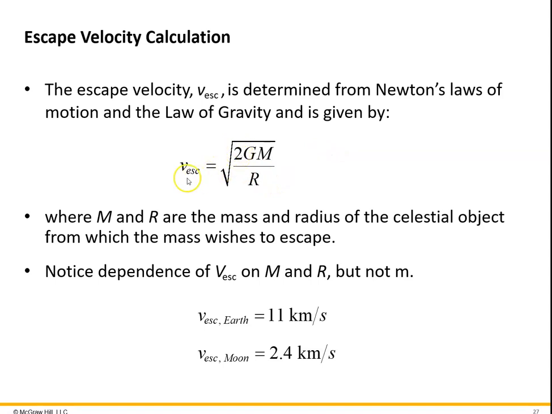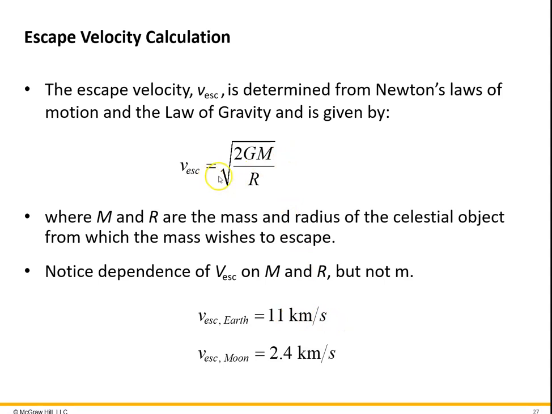If you take away the two, the escape velocity becomes the orbital velocity, which is slightly less. When you do this for the Earth, it's about 11, actually closer to 12,000 meters per second.